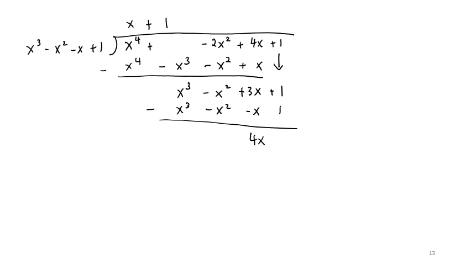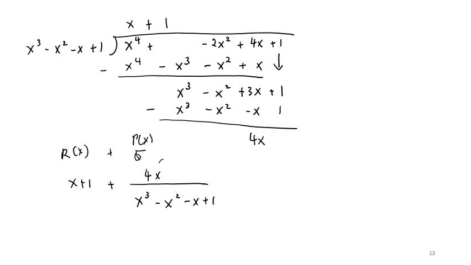So your expression has now become x plus 1 plus 4x over x cubed minus x squared minus x plus 1. This is your simplified form, your R(x) plus P(x) over Q(x).